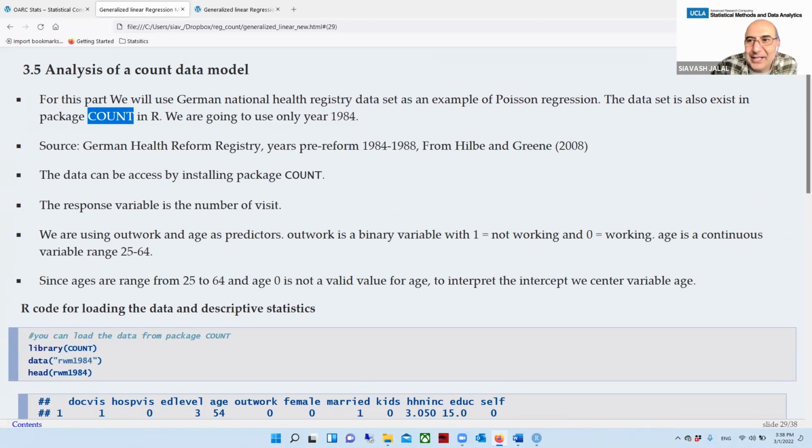In this package, there is a data set about the German National Health Registry from 1984. The source is from 1984 to 1988, but this data set, rwm1984, is only the data from that particular year, and it is longitudinal data.